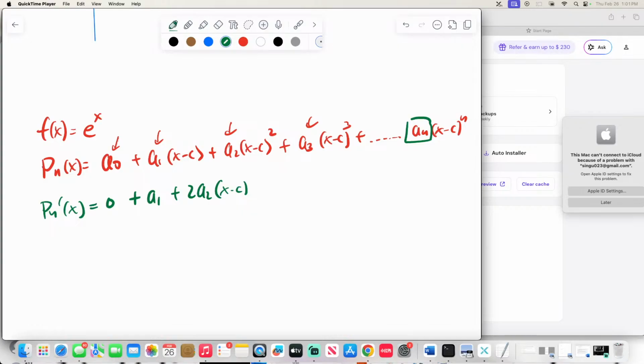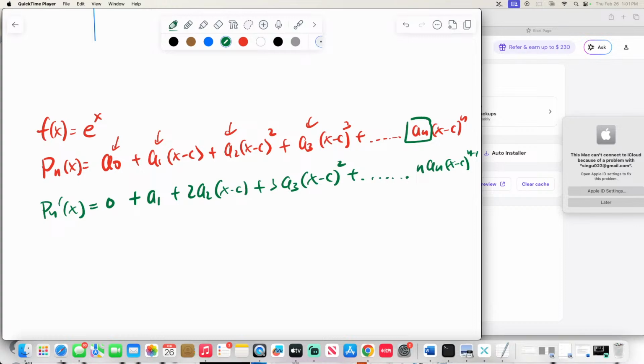Very, very good. Plus 3a3 times (x minus c) squared, plus dot dot dot n an times (x minus c) to the n minus 1, because I have to subtract 1. The n is going to drop down.